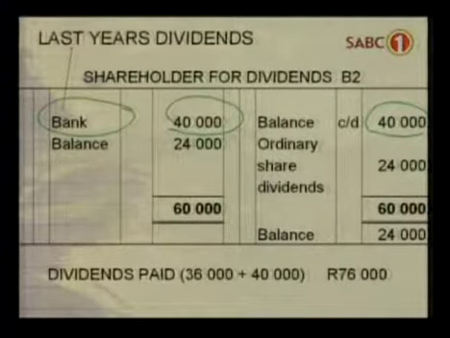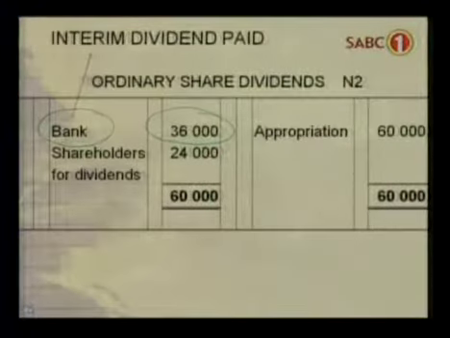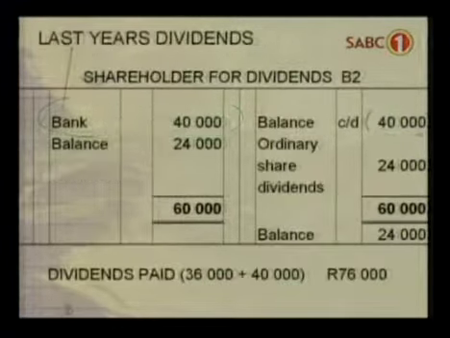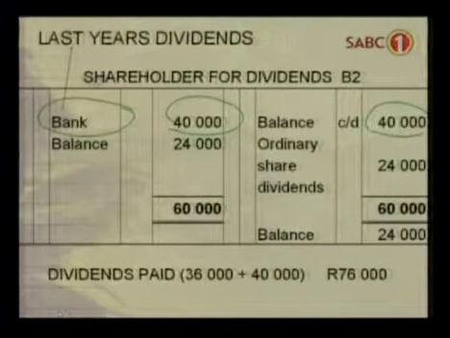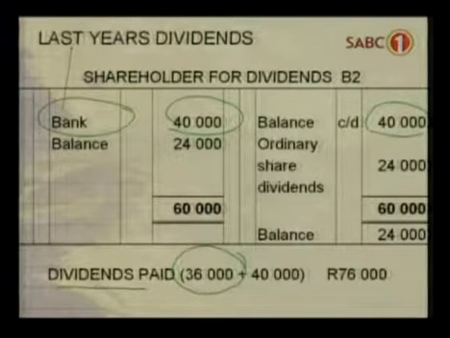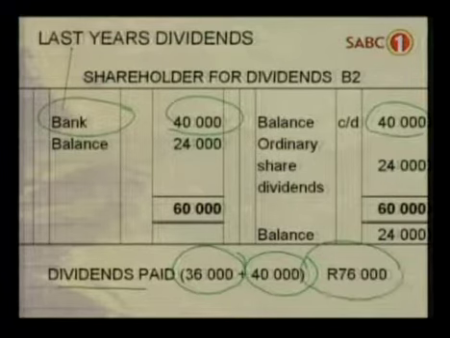You're paying last year's amount. And the other one, just to refresh the memory, we are paying the interim dividend of this financial year. There's your second bank figure. Therefore, your total dividends paid will be made up of the 36,000, your interim dividend for this year, and the 40,000, last year's figure. The total dividend that has been paid is 76,000 Rand.